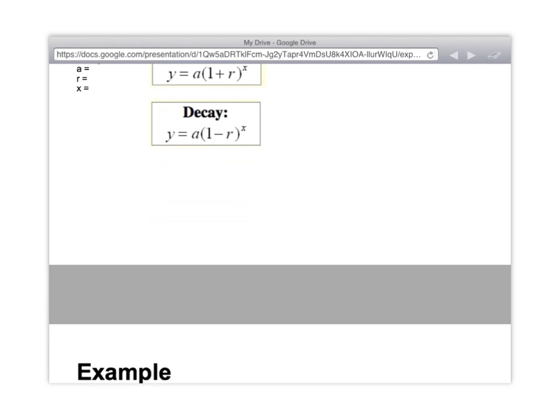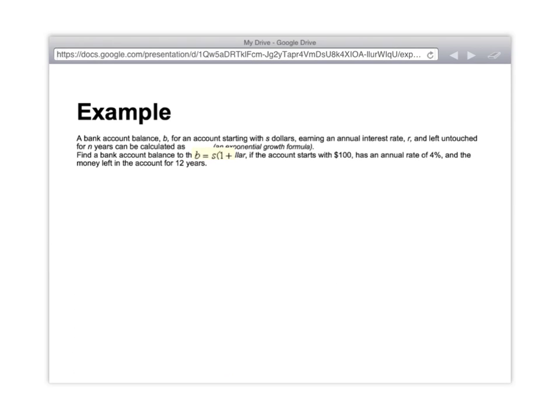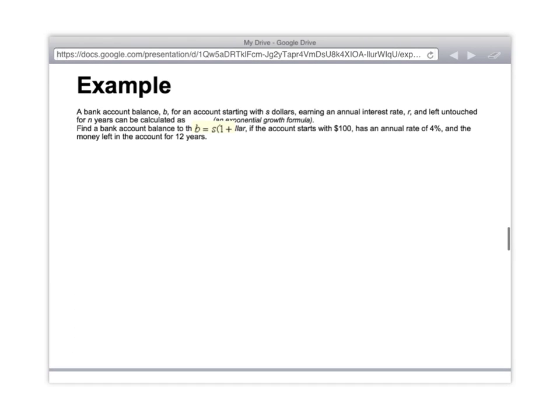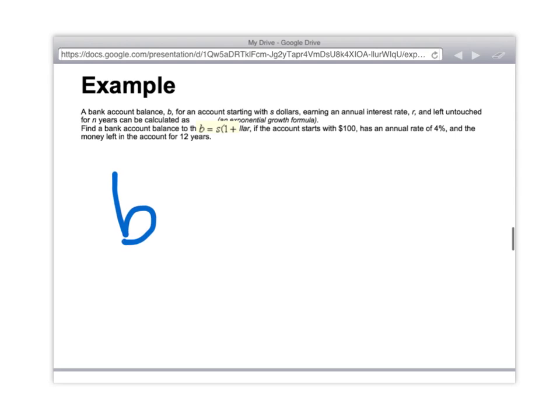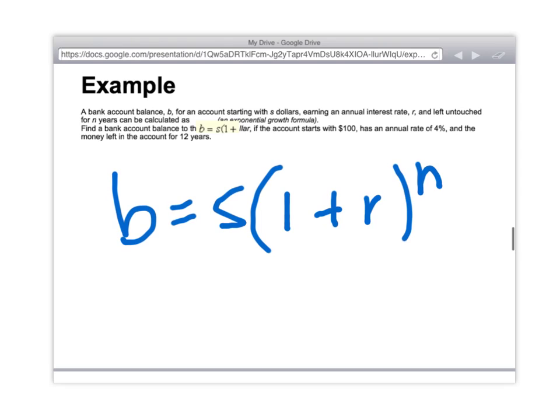So, if I have, for example, a bank account balance B for an account starting with S dollars, earning an annual interest rate R, left untouched for N years, it can be calculated as B equals S times 1 plus R to the N. And that's an exponential growth formula.